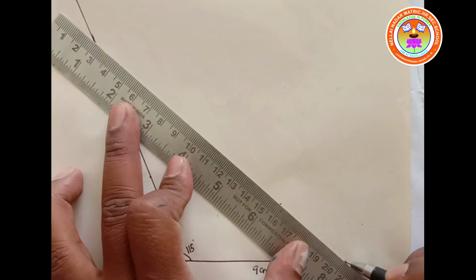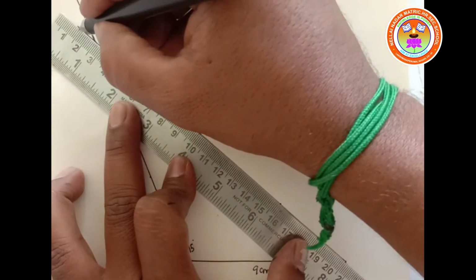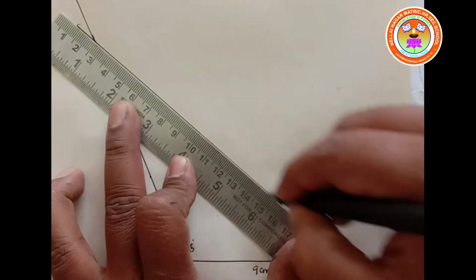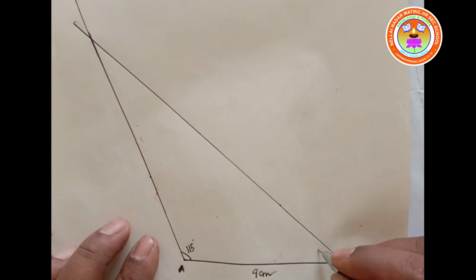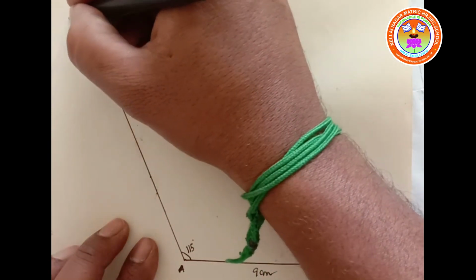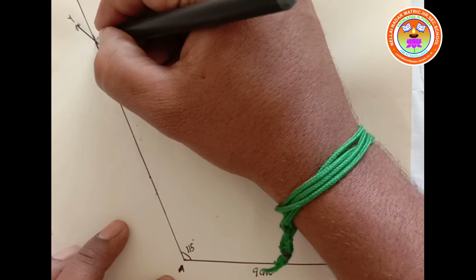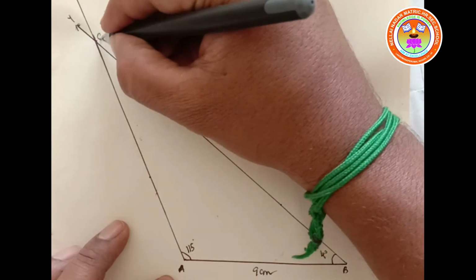Draw a line. This is 40 degree. This point as the line BY intersect. Both the lines AX and BY intersect at point C.